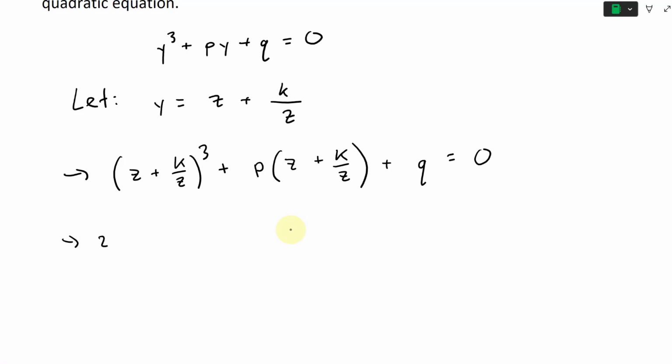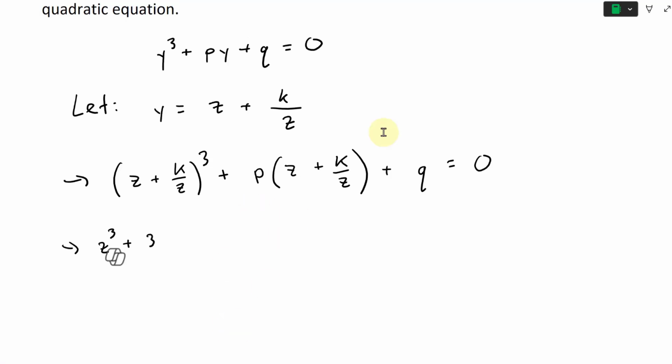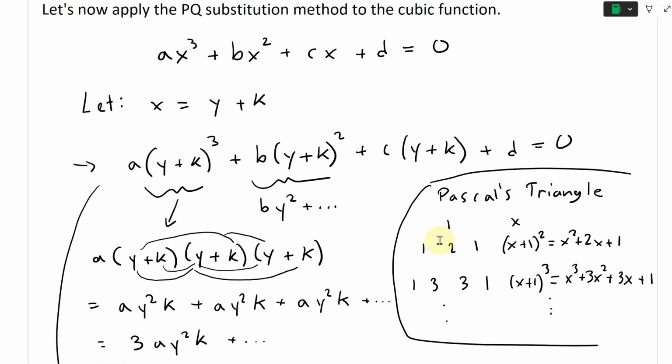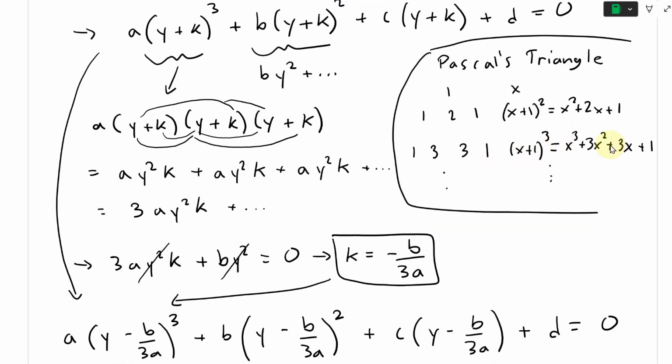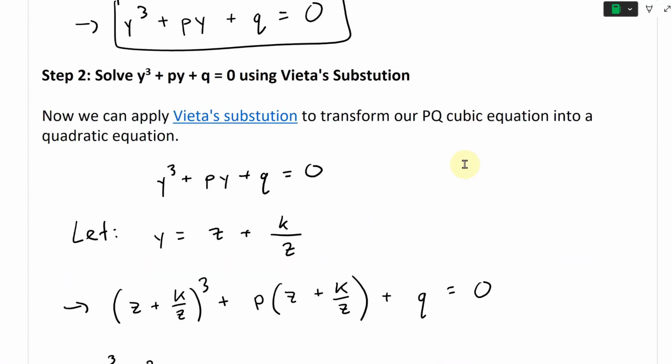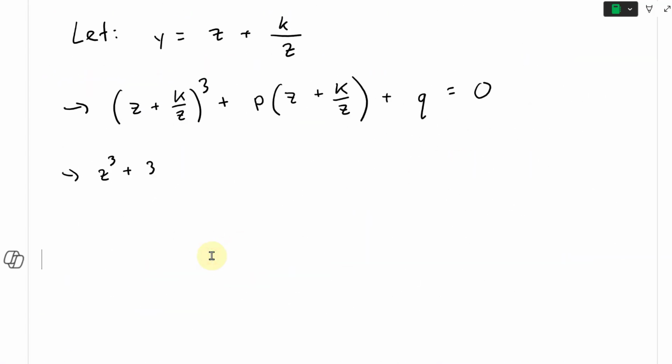So this is going to be z cubed. Now we're going to get a plus a constant 3. Again, remember Pascal's triangle right here. So it's power of 3, it's going to be 1, 3, 3, 1: x cubed, then 3 x squared, and then the other one's 3x, the other one's 1. So we're going to get a constant coefficient 3. Now we're going to get z squared times, so z times z, now this one times k divided by z, k over z.